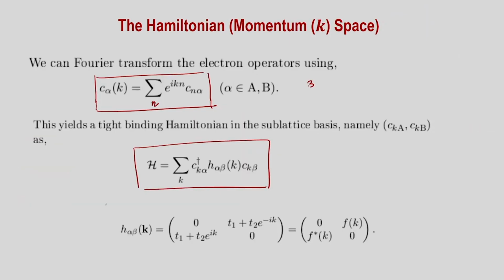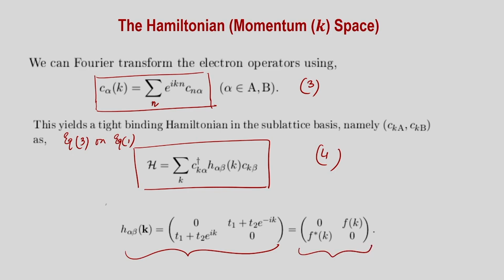So, if you apply equation 3 on equation 1, you get a nice and compact form for Ck alpha, H alpha beta of k, Ck beta, where H alpha beta has a nice off-diagonal form, that is, it does not have any diagonal term.